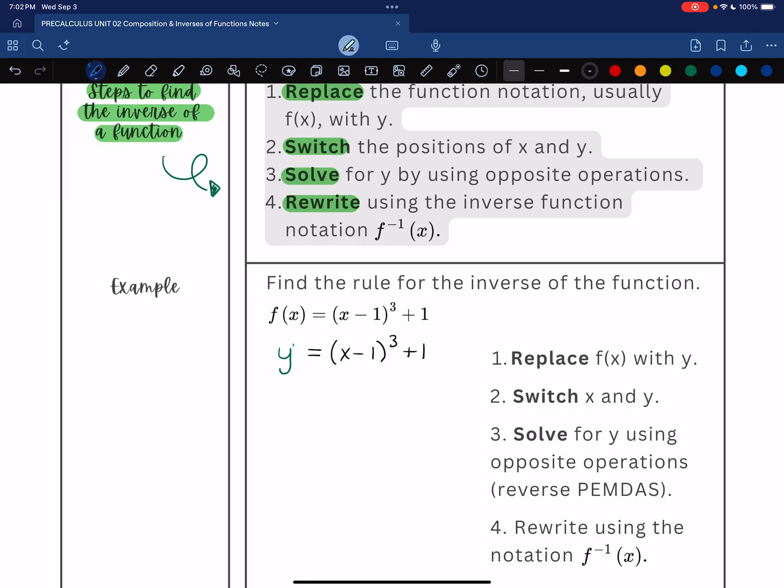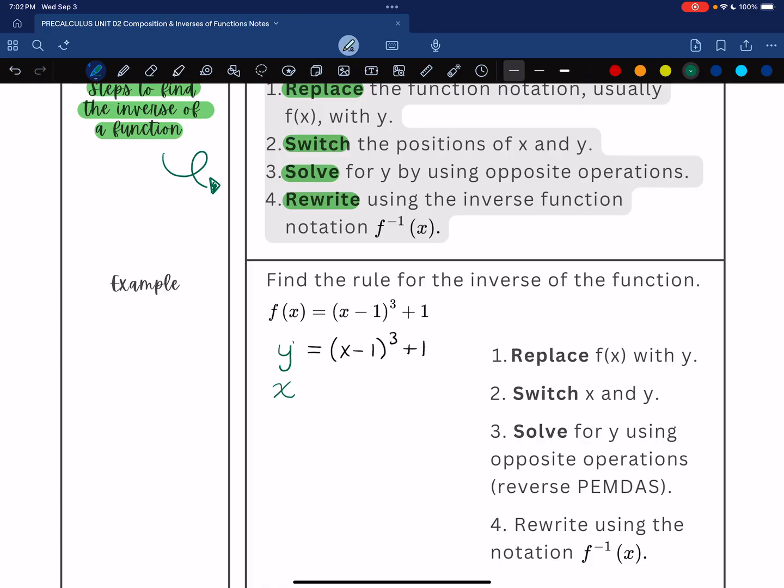Then step number 2 is going to be to switch the x and y. So where there was a y, now it is x. And where there was an x, we're going to switch it and write the y variable. Notice nothing else changed, just x and y switched.